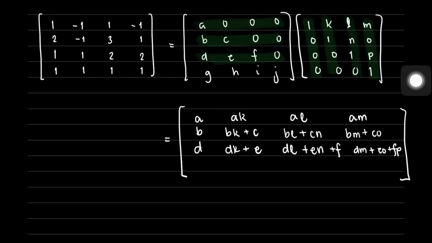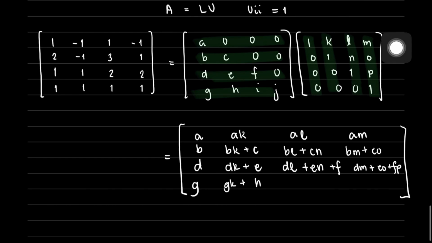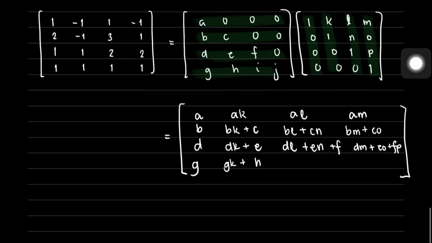And for the last row, we now have g times 1, so that's basically equal to g, because h times 0, i times 0, j times 0 are equal to 0. For the second element here, we have g times k plus h times 1, so that's plus h. And then we have i times 0 plus j times 0, so that's basically equal to 0.